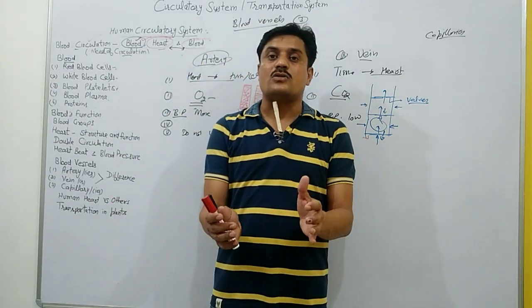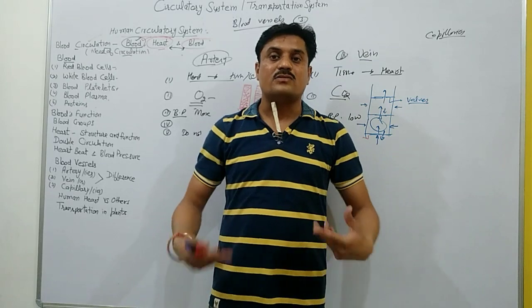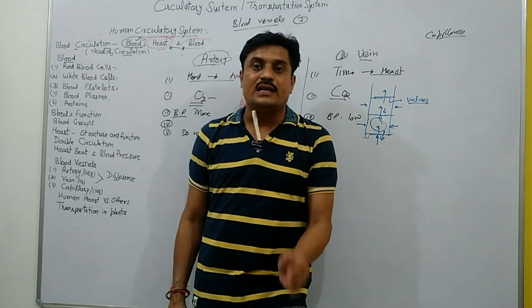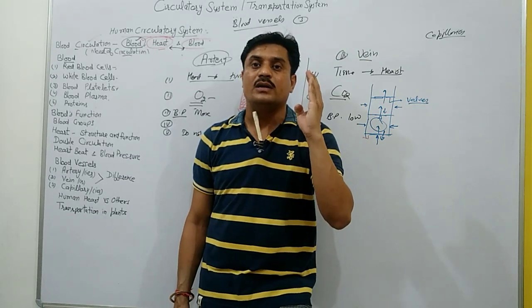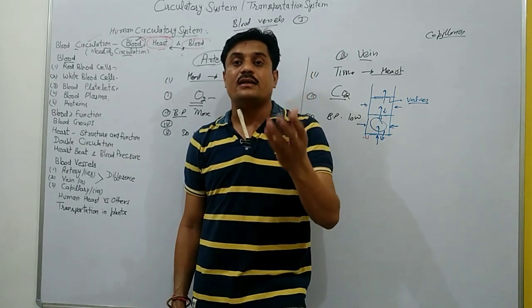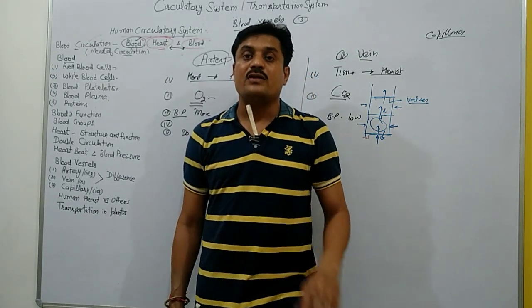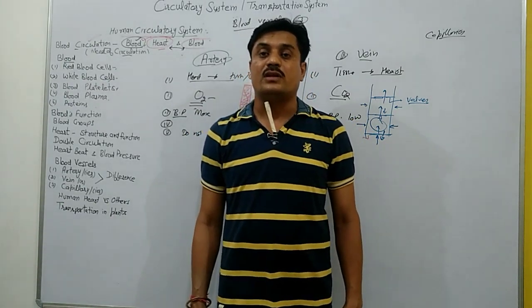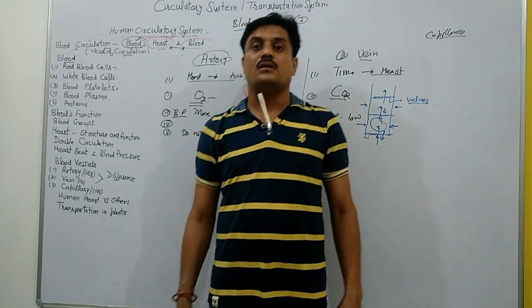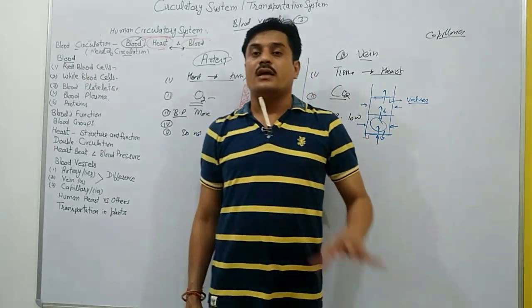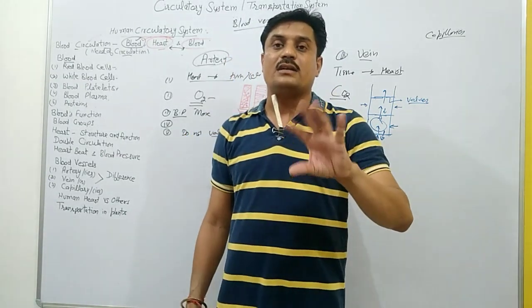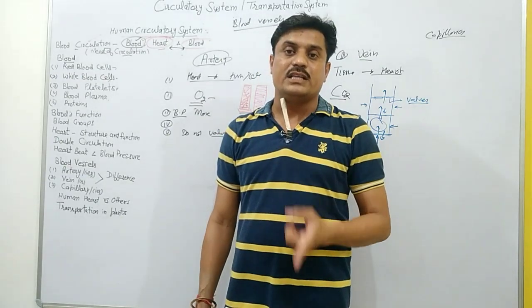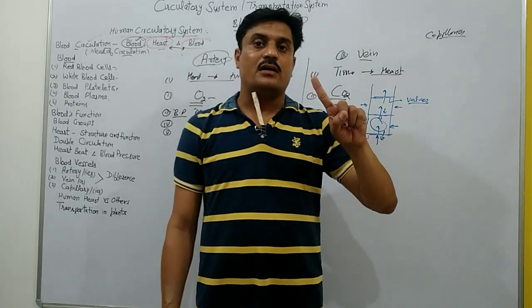Until there is contraction in the muscles of the rest of the body, the blood will collect in the veins and will not reach the heart, so the man can faint. So when you keep on standing, do not keep standing without motion, keep moving on your tiptoes, so that the muscles can exert pressure on the veins and the blood can reach from the tissue into the heart.